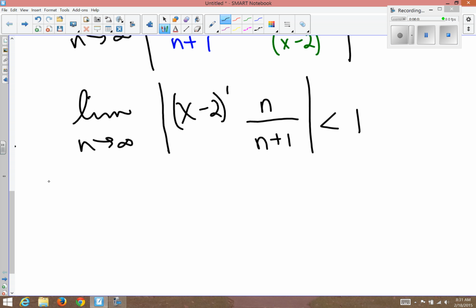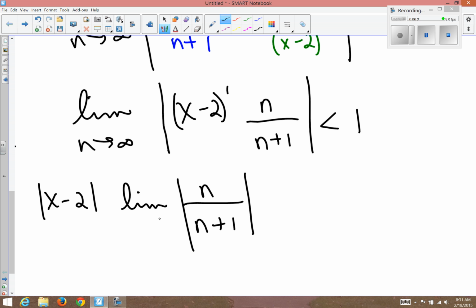So we're going to bring that, with its absolute value, to the left of the limit. x minus 2 is over here. Since n is approaching infinity, the limit has no effect on this. That's why I shoved it out there.